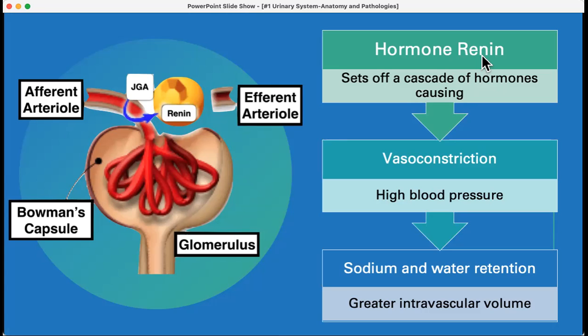And renin is released if it's perceived as low, and it sets off vasoconstriction in the systemic circulation. It also increases vascular volume.